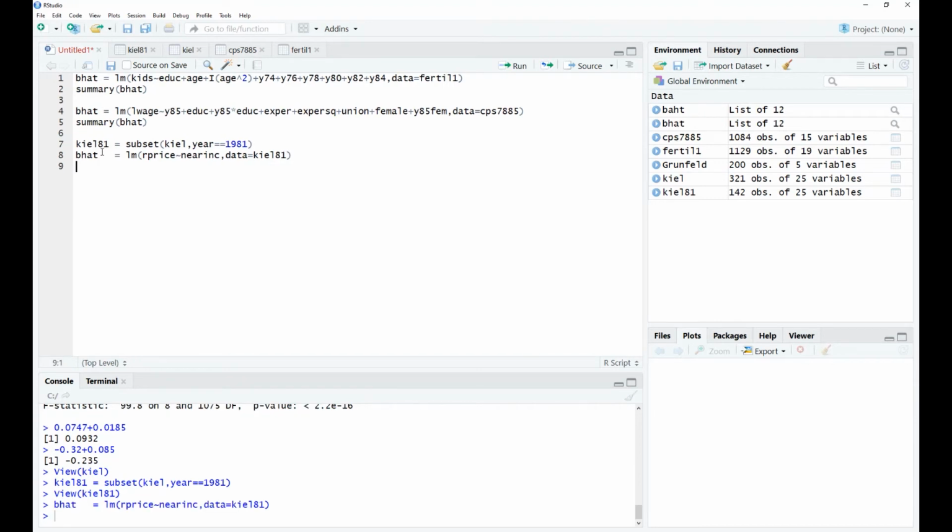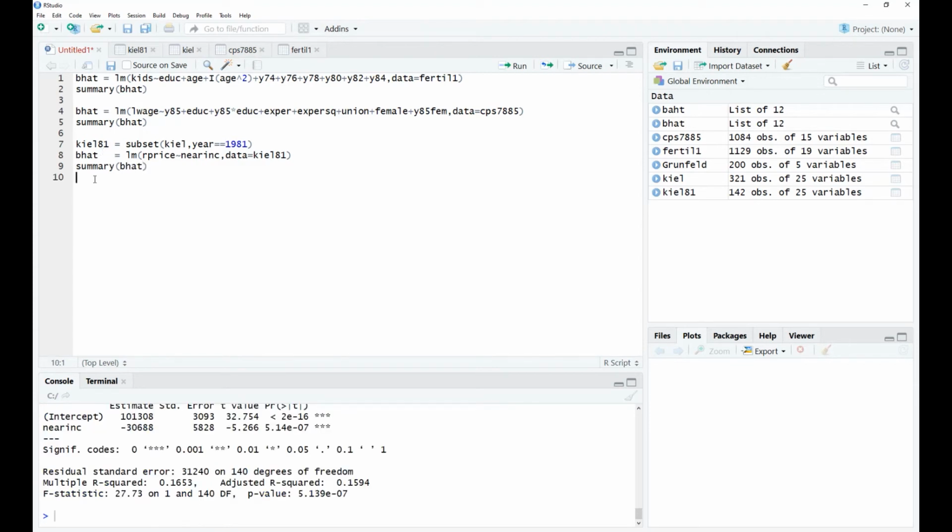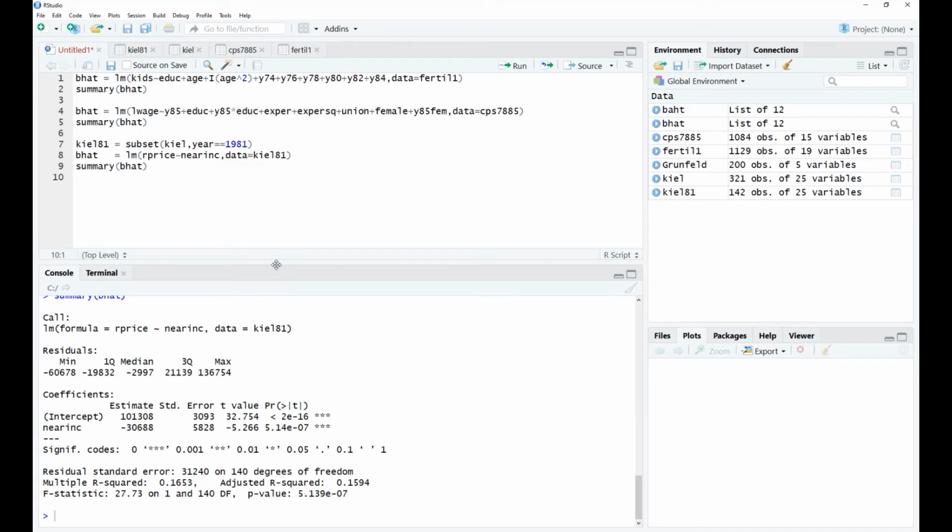So you run this regression model, you summarize the results, and what you would find is the following: that homes in 1981 that were near the incinerator are valued on average almost $31,000 below homes that are not near the incinerator.